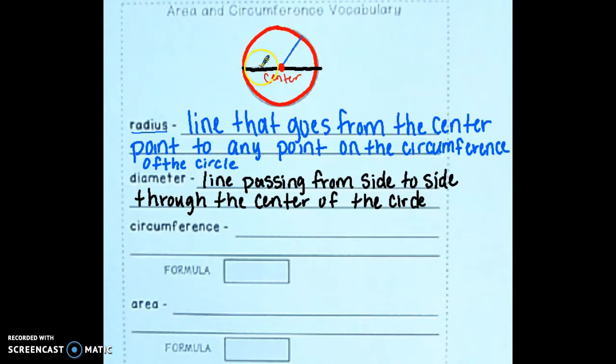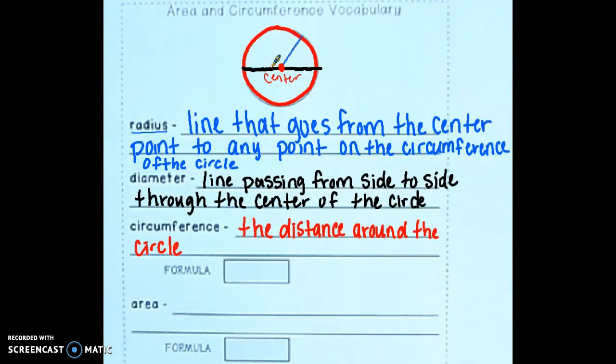The diameter is all the way through the middle of the circle. The circumference is the distance around the circle. So I've made the colors identical to what I've drawn on the circle so that you can see what's the radius, what's the diameter, and what's the circumference.